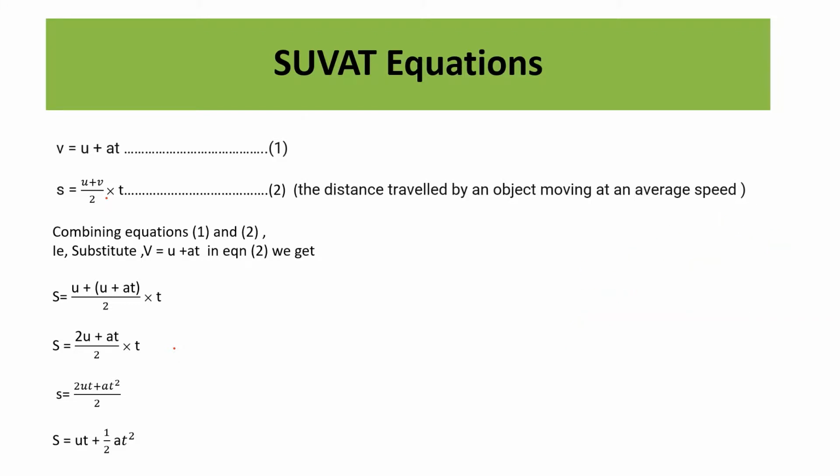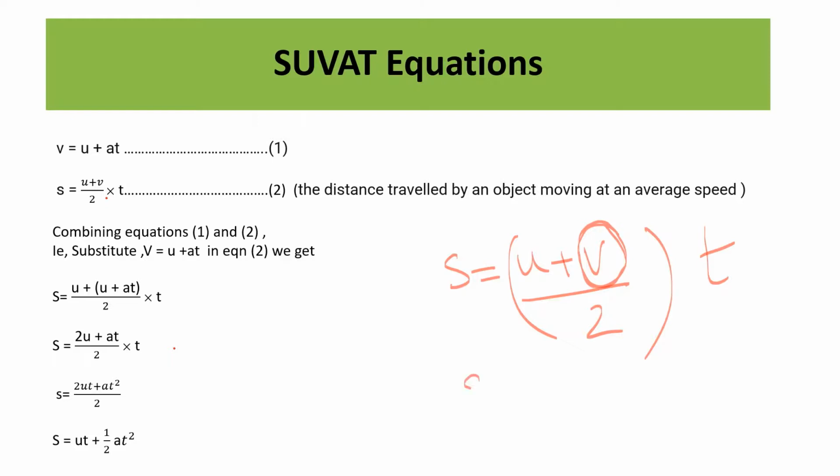Now we have two equations in hand. One is v is equal to u plus at, and the other is s is equal to (u plus v) by 2 into t. Let us combine these two equations. We know v is equal to u plus at from the first equation of motion. Substitute that value of v in this place.